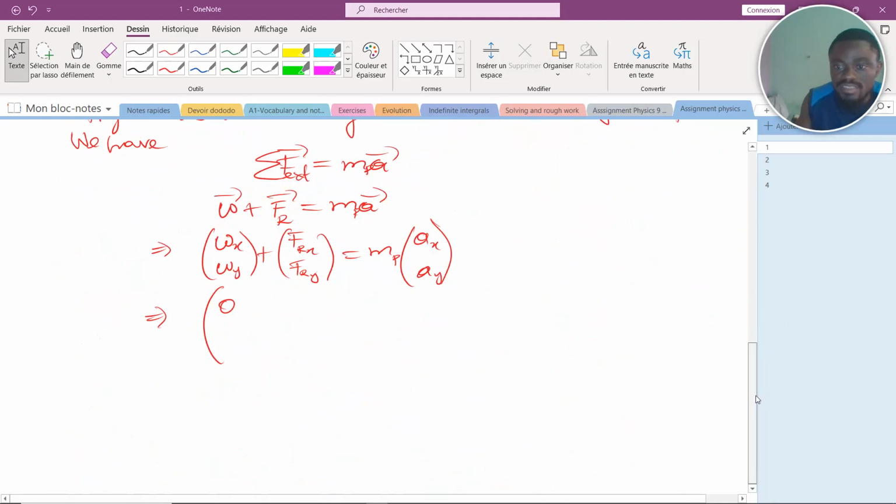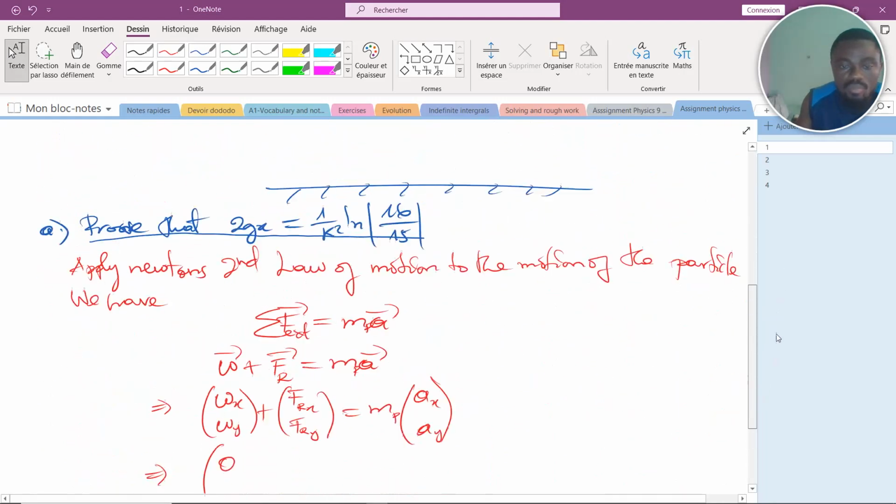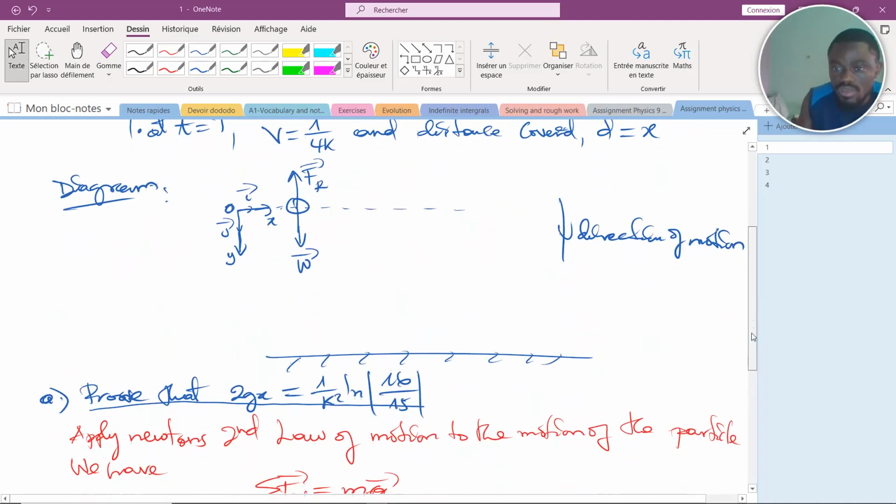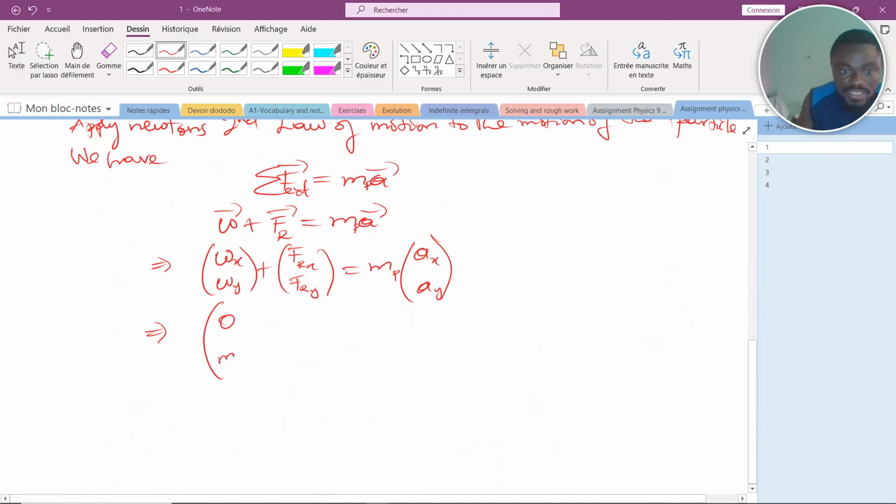What is the Y component of the weight? It is acting vertically downward, in the positive direction of Y. So here we have mpg, because it's the mass of the particle, plus the resistive force.